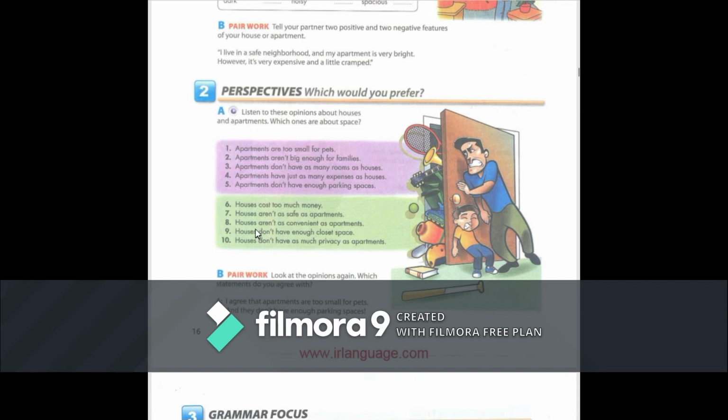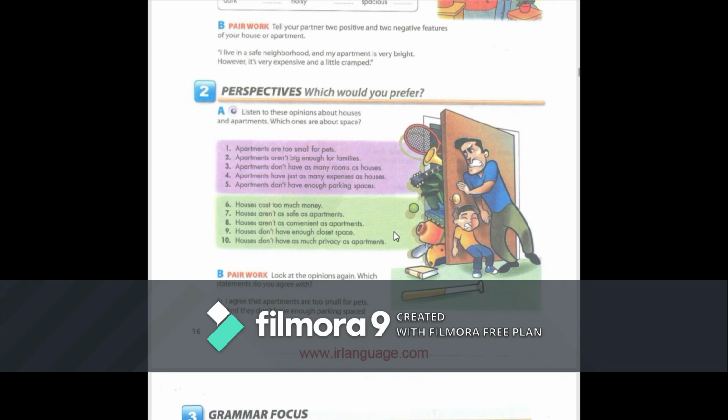Okay, houses aren't as convenient as apartments. According to me, I disagree with this point because both of them are convenient. Okay, houses don't have enough closet space. Obviously that's wrong. I disagree with this because houses are big.